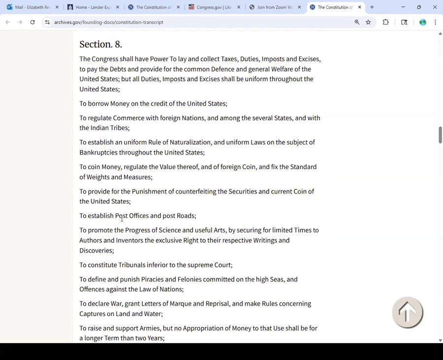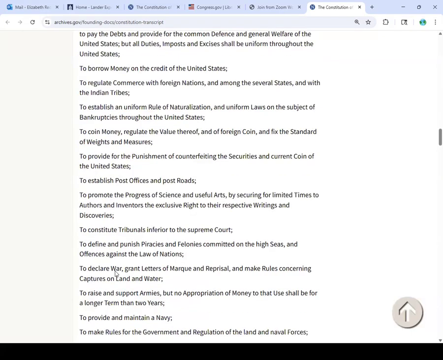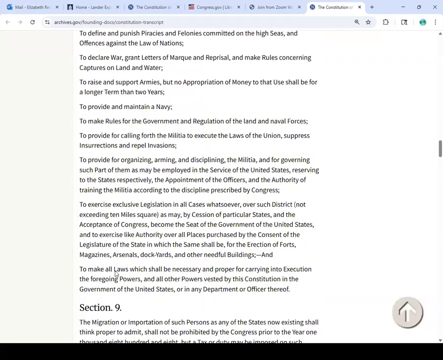Scrolling back up, you see Congress has the power to lay and collect taxes, to borrow money, to regulate commerce, establish a uniform rule of naturalization. These are all very specific powers. Then you come to the end and you just give Congress the power to make laws that are necessary and proper. So it's kind of an open-ended clause compared to the ones that preceded in the list.